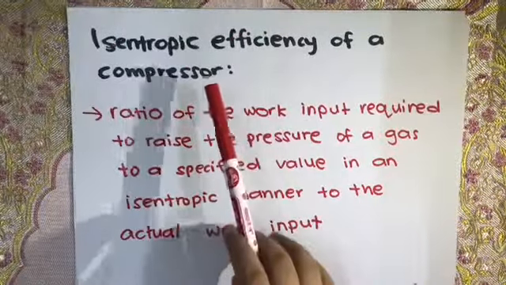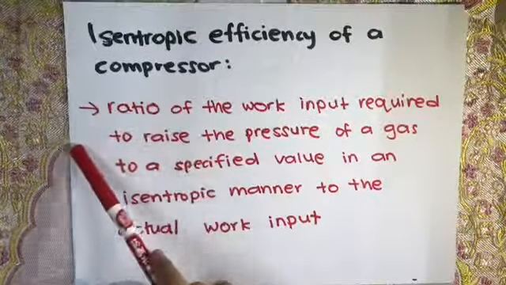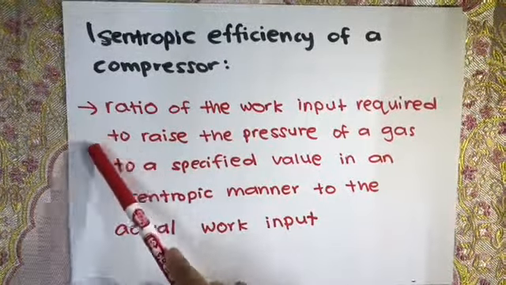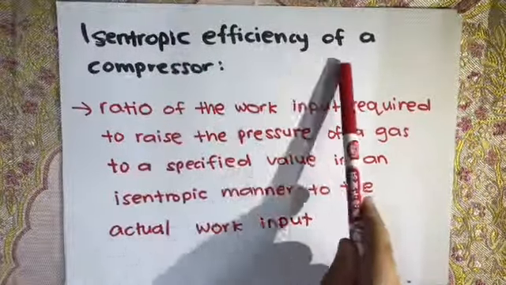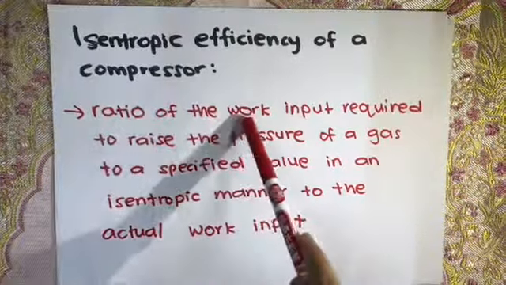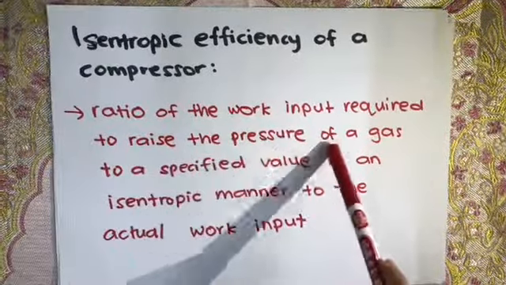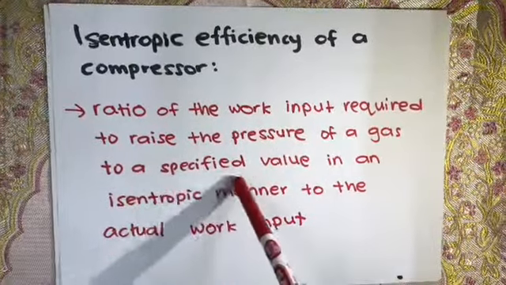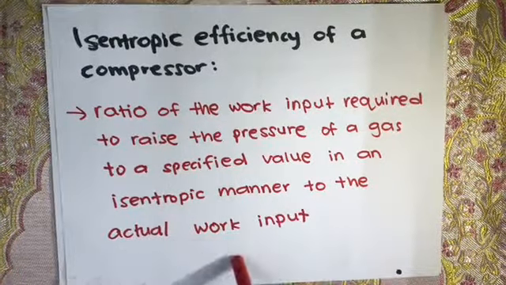Before we go into detail about the isentropic efficiency of a compressor, we need to know the definition. What is the meaning of the isentropic efficiency of a compressor? It is the ratio of the work input required to raise the pressure of a gas to a specified value in an isentropic manner to the actual work input.